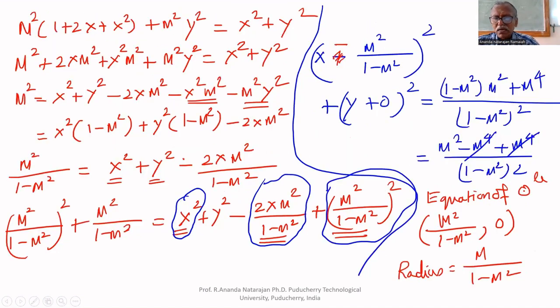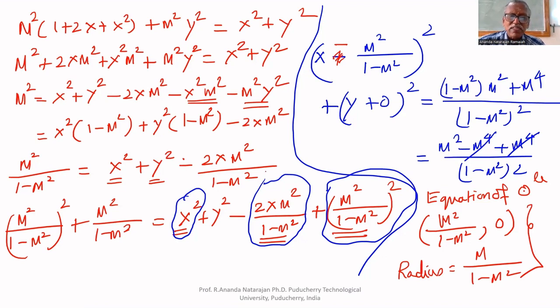You will get circles of radius m upon 1 minus m square, and the center is at m square upon 1 minus m square, comma 0. If m varies, you will get different circles. This is called M circles.